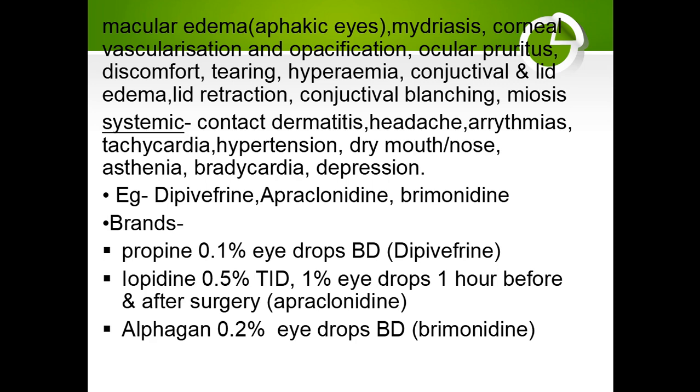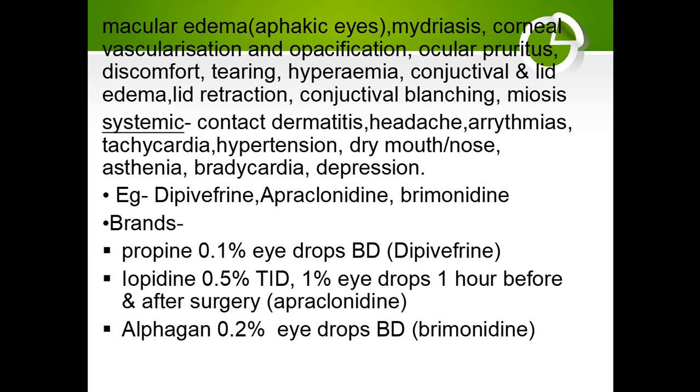So the systemic side effects are contact dermatitis, headache, arrhythmias, tachycardia, that is increased heart rate, hypertension, dry mouth or nose, asthenia, bradycardia, depression. Examples are dipivefrin, apraclonidine, brimonidine. Brands available are Propine 0.1% eye drops 2 times a day.